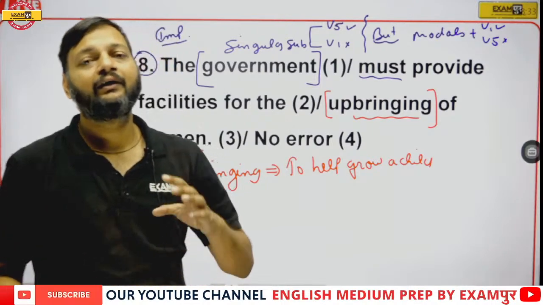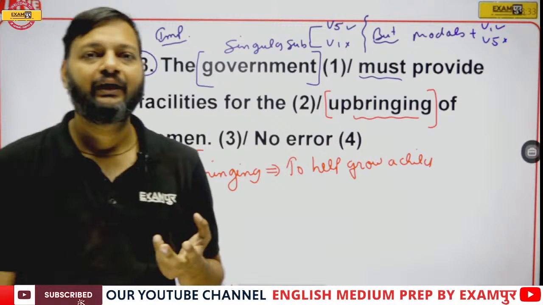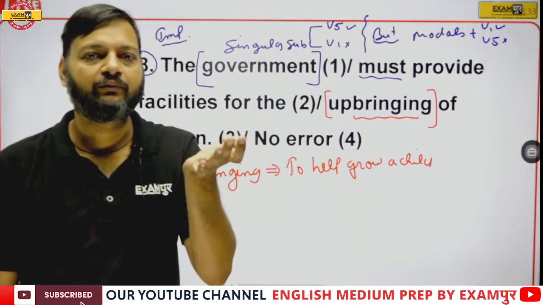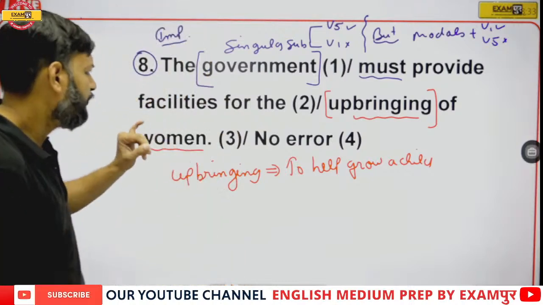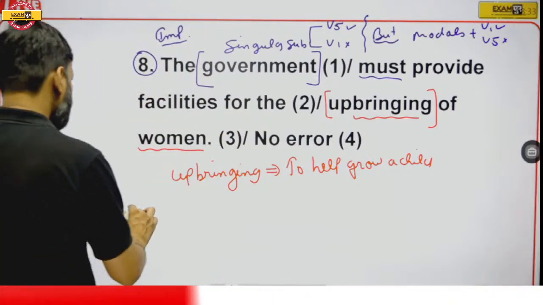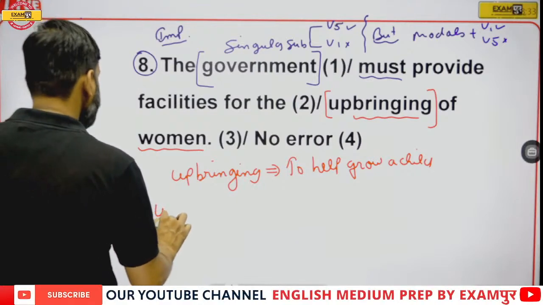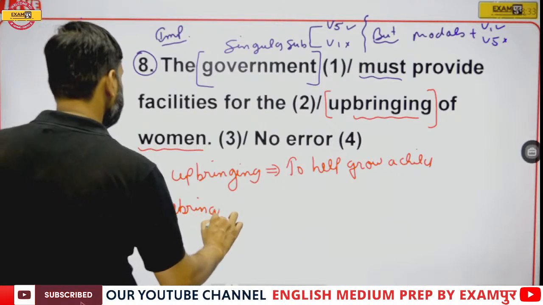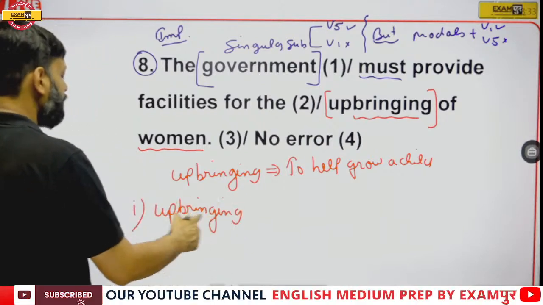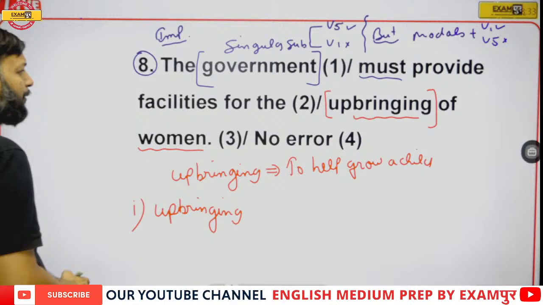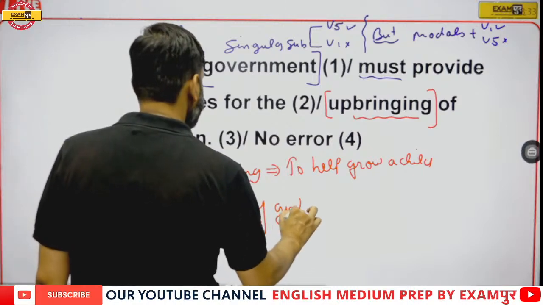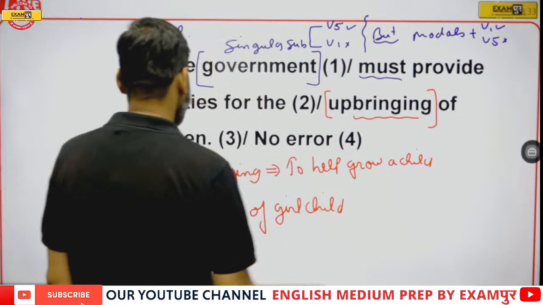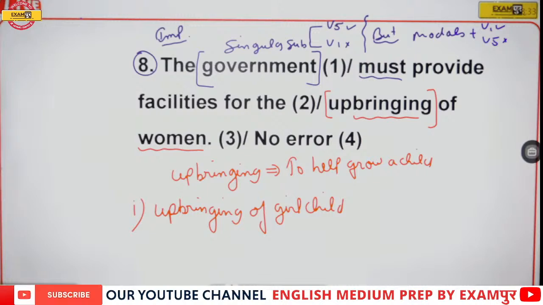Mature and grown up people are not brought up. So you can replace either of the terms. If you want to keep upbringing, you need to change women into girl child. Upbringing of girl child.